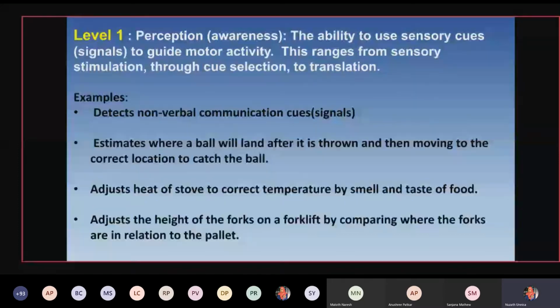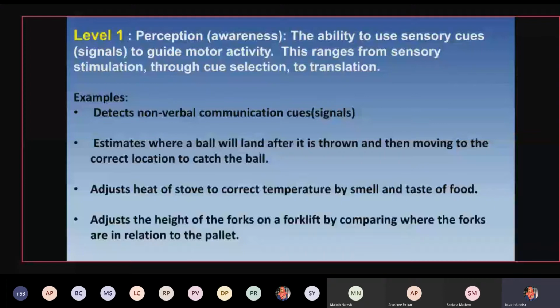So level 1 of our psychomotor domain is perception, or awareness, which is the ability to use sensory cues to guide motor activities. For example, a learner will be able to estimate where a ball is about to land after it is thrown, and then try to move to that position to correct the location to catch the ball, right?